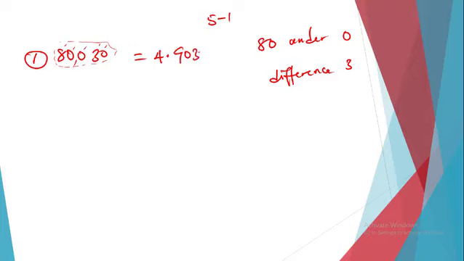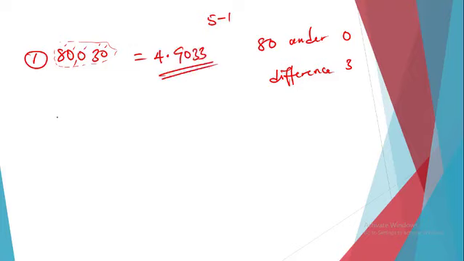Now 5 minus 1 will give us 4. So we have 4 point. How do we search this? 80 under 0, difference 3. We search for 80 under 0, then difference 3. Is that clear? Okay, and then we have our result to be 9033.